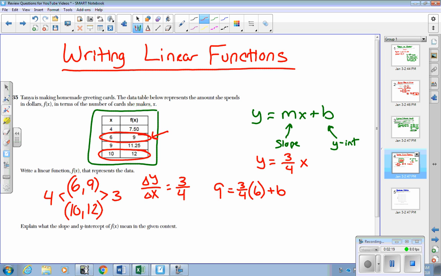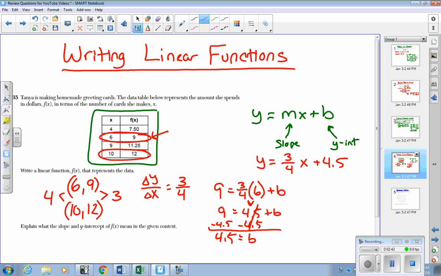So I'm going to multiply the 3/4 and 6 together. So 3/4 of 6 would be 4.5. And then I'm going to subtract that 4.5 from my 9. So that's going to give me a b value of 4.5.